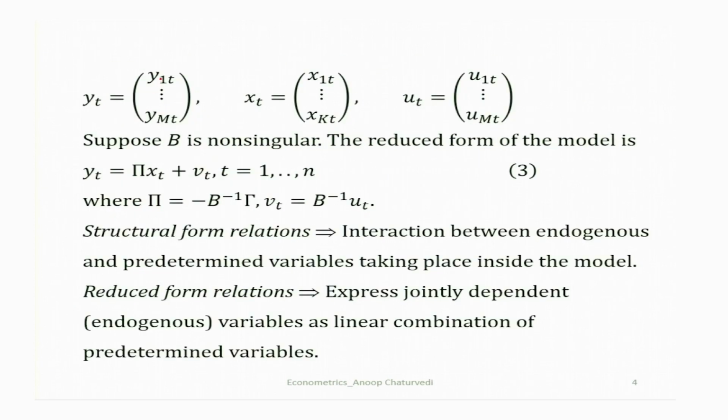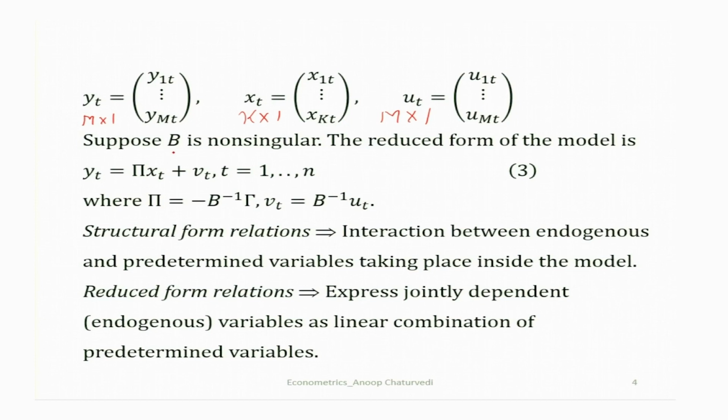Here y t is equal to y 1 t, y 2 t, ... y m t, so it is an m cross 1 vector of observations on endogenous variables. x t is equal to x 1 t, x 2 t, ... x k t, so this is a k by 1 vector of the tth observation on k predetermined variables. u t is u 1 t, u 2 t, ... u m t, so obviously u t is also of order m cross 1. This is the vector of disturbances.